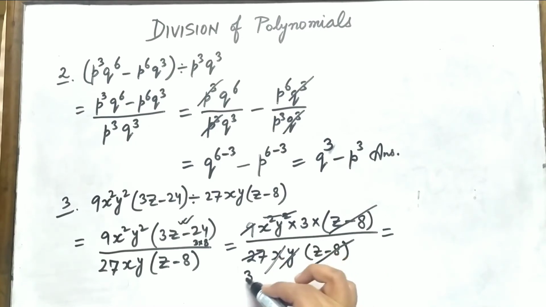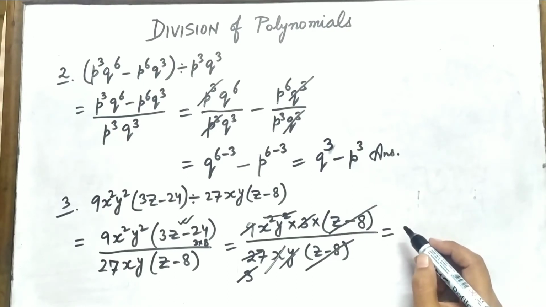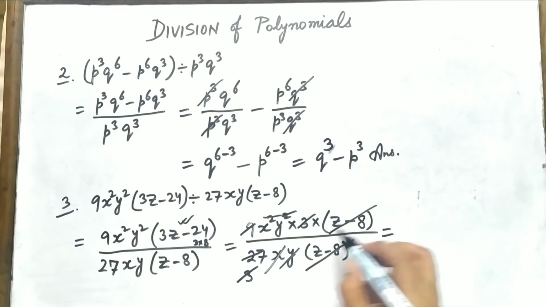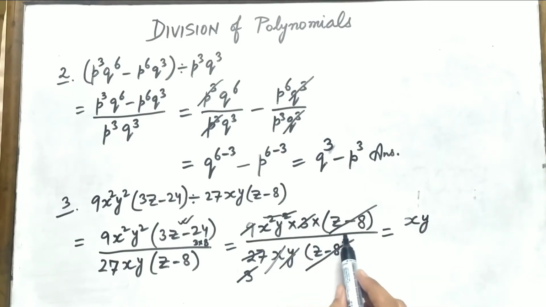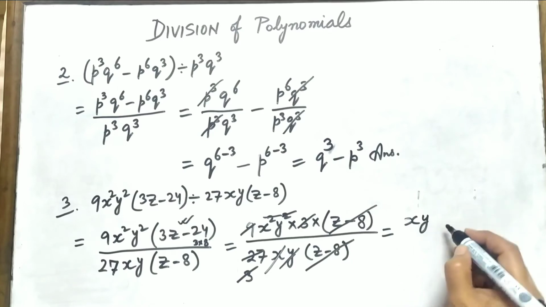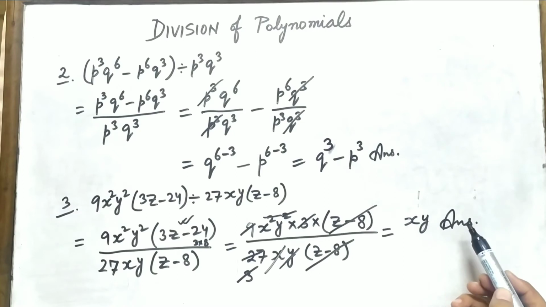Then 3 gets cancelled with this 3. So after cancellation in the numerator and denominator, we get x and y here. What else is left? Nothing. So this is our required answer. We took the common in this sum and then did the cancellation work, and we have the simple answer with us.